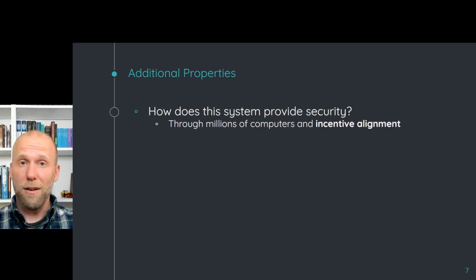Now, let's say that someone wanted to accumulate enough computing power to try and take over the Bitcoin network. First of all, that would take billions upon billions of dollars to acquire that much computing power.